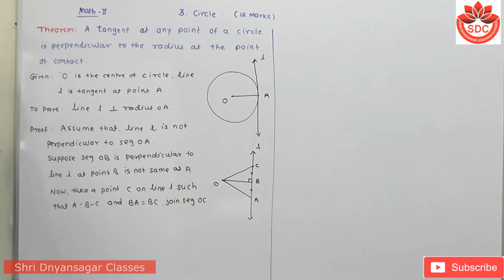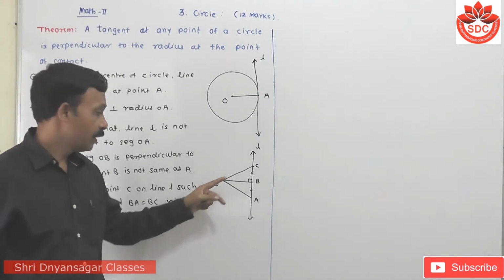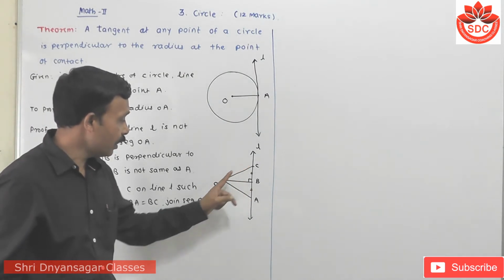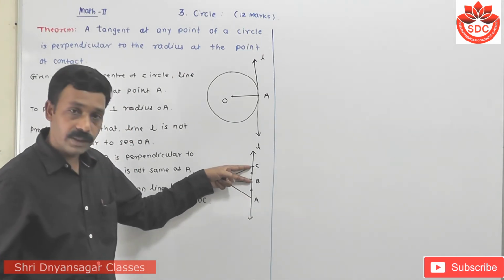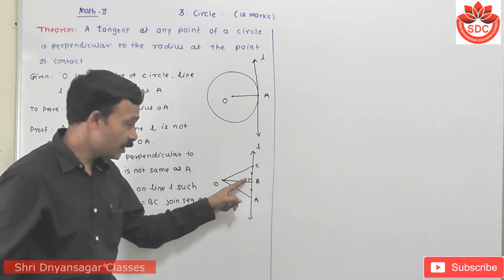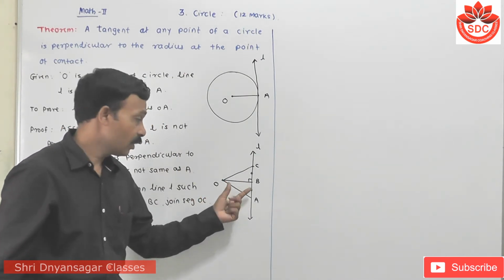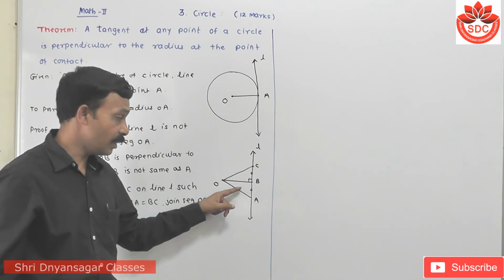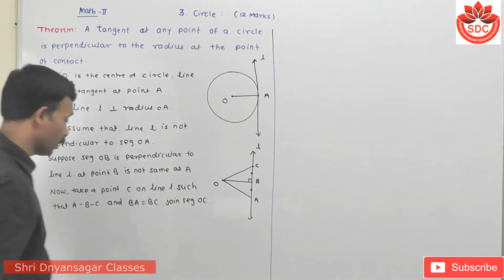Now students, two triangles are formed. Look at these two triangles: triangle OBC and triangle OBA. This is the construction, this is equal here. This is the right angle, also by construction. Second, OB is the common side. So these two triangles are congruent by the SAS test. First we show that these two triangles are congruent.